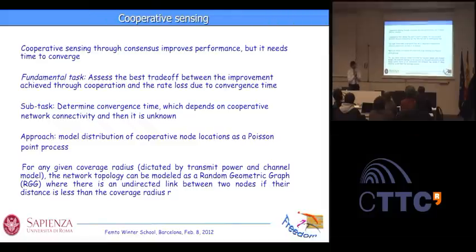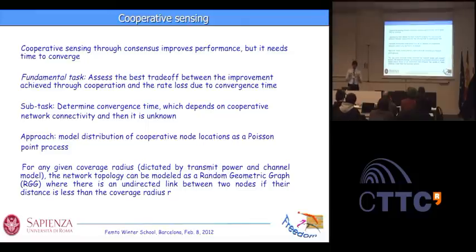Now the point is, how do we quantify the convergence time? Even though I'm not going into the detail about this, you may think intuitively that the convergence time depends on the connectivity of the nodes exchanging data. I'll try to clarify.